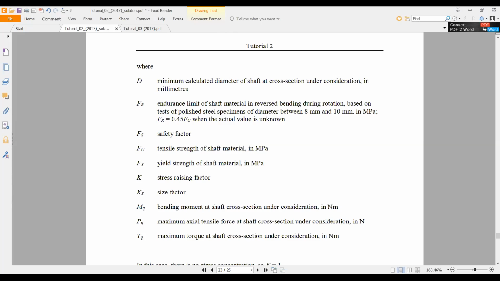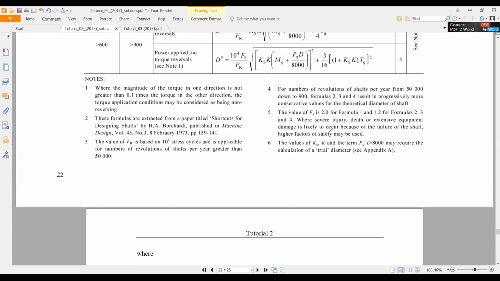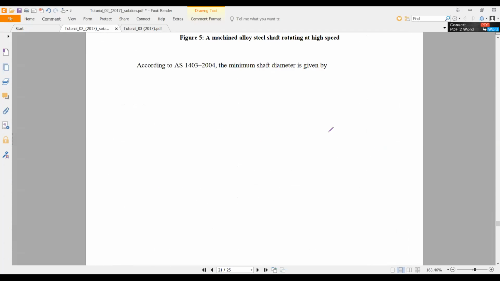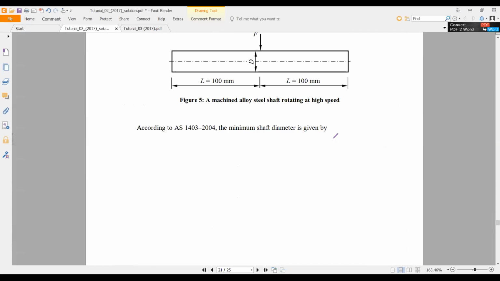Stress raisers are a bit harder, but you should get the correct idea about this part first. Otherwise, you are in big trouble with the stress raiser if you don't know this part properly, because you don't know why we are going to apply this one.